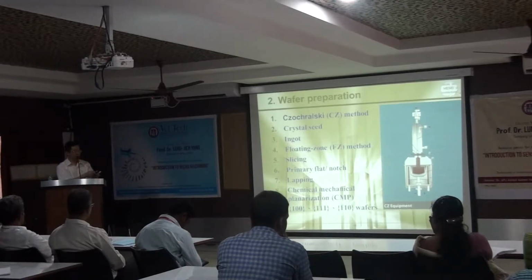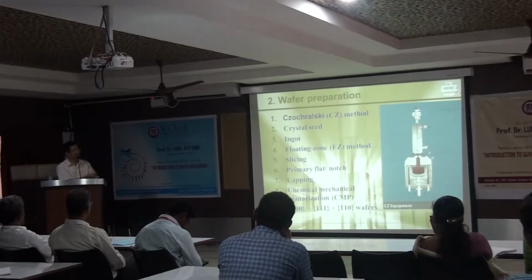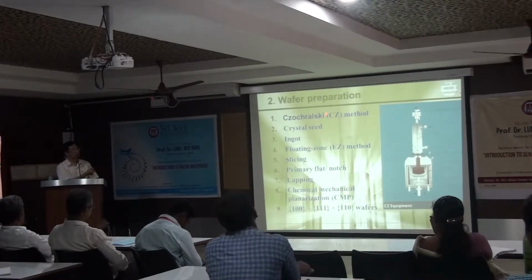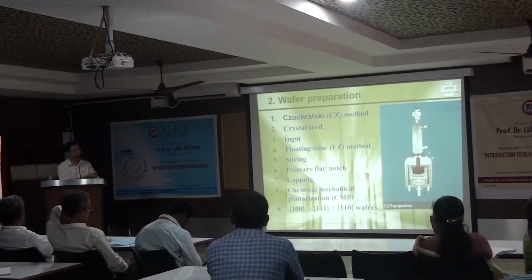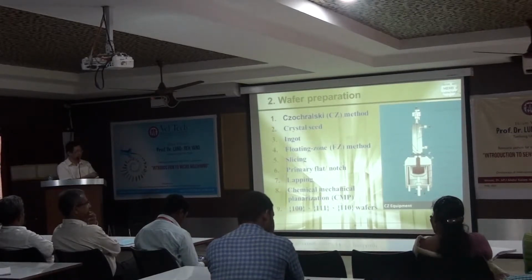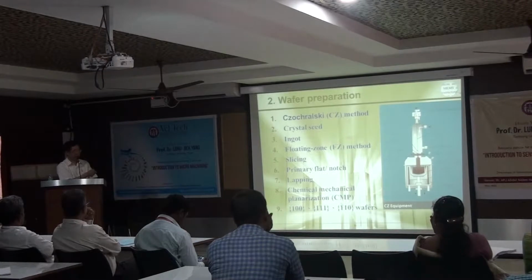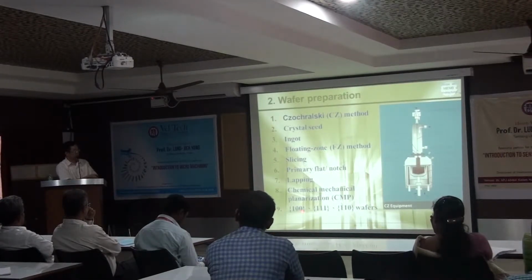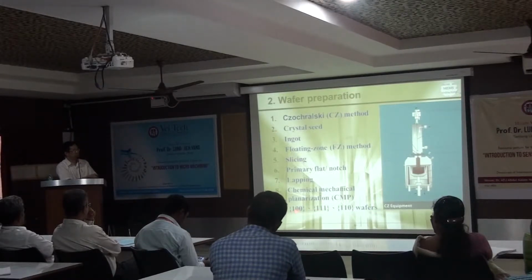The CMP process is not only used here to prepare the wafer; it will keep being used in actual semiconductor processing. In due course I will tell you the details. And for the wafer, you can order 100, 111, or 110.